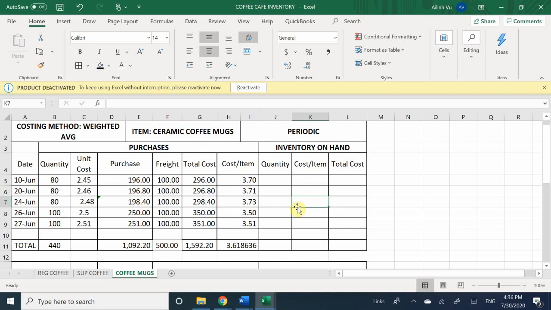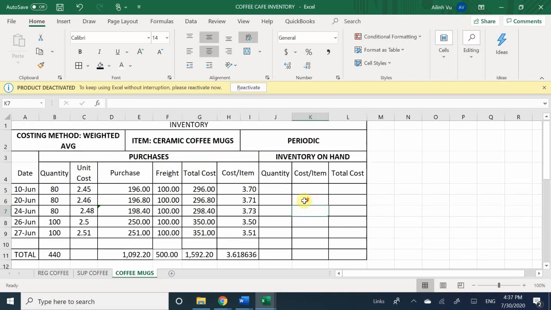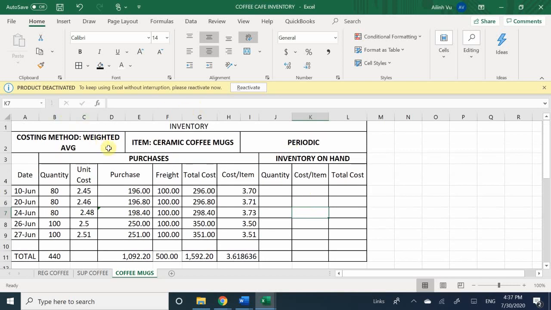This is the question I'm asking. How did you know to do that? What costing method are you doing? Weighted average. Yes. Okay, so it's good that you recognize that. I just wanted to make sure you know why you did that.